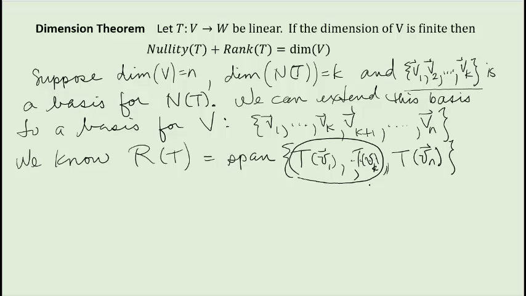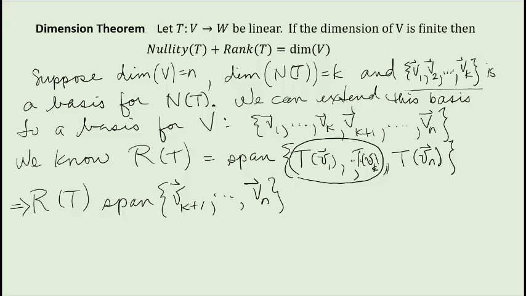So we know, in fact, that R of T is the span of just the vectors that we added in, V sub k plus 1 through V sub n, because all of these were in the null space. So they just go to 0, and we don't need to have those in the spanning set.